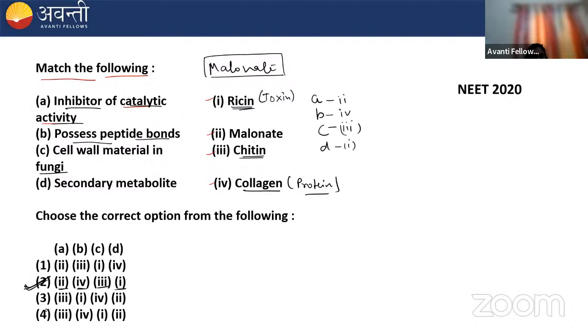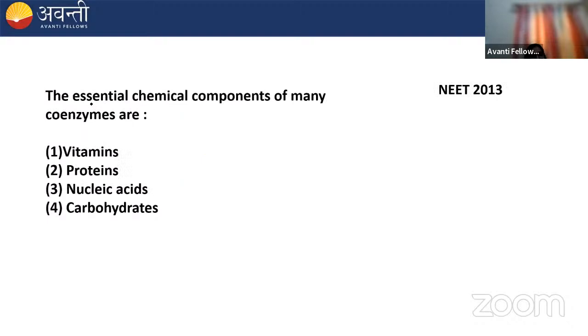Now moving to the next one. The essential chemical component of many coenzymes are. I told you when I was telling you about the cofactor. This point is very important. Number 1 is vitamin, number 2 is protein, number 3 is nucleic acid, the fourth is carbohydrate.